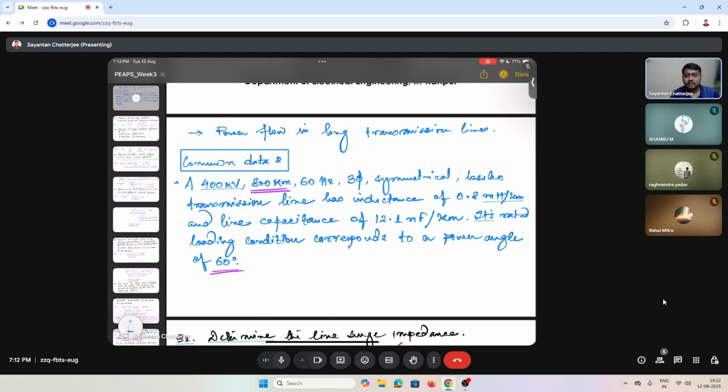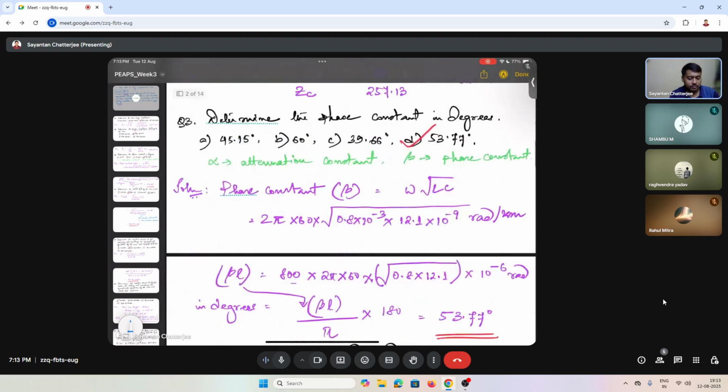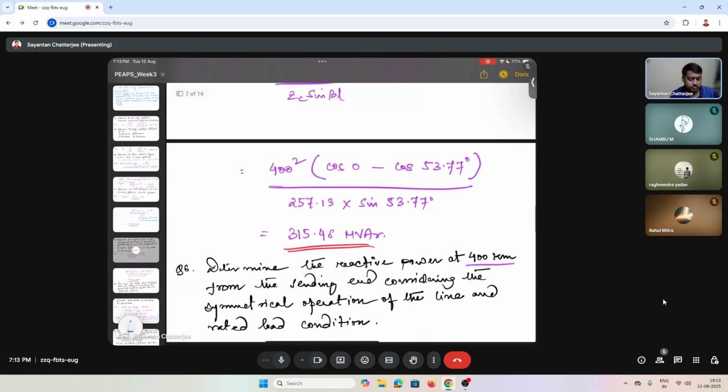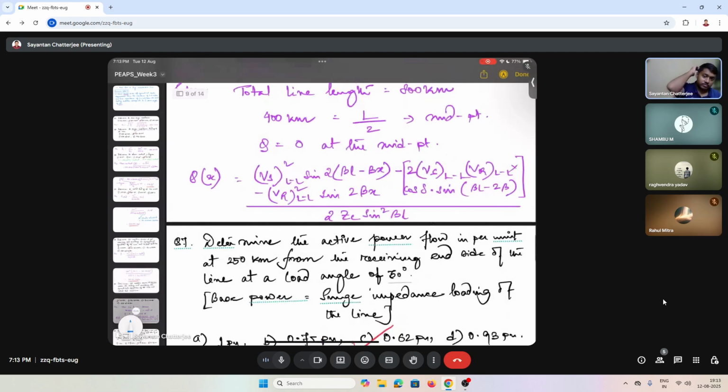This is a common data set that we are using repeatedly. If you are willing to take a screenshot, you can, and solve the final problem. This is the formula to be used.